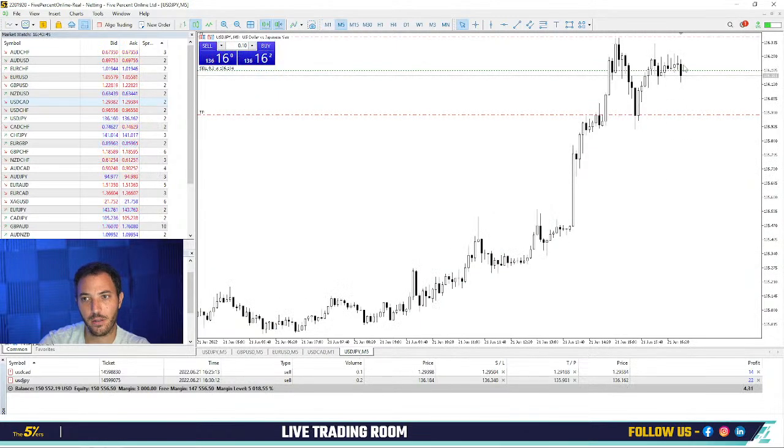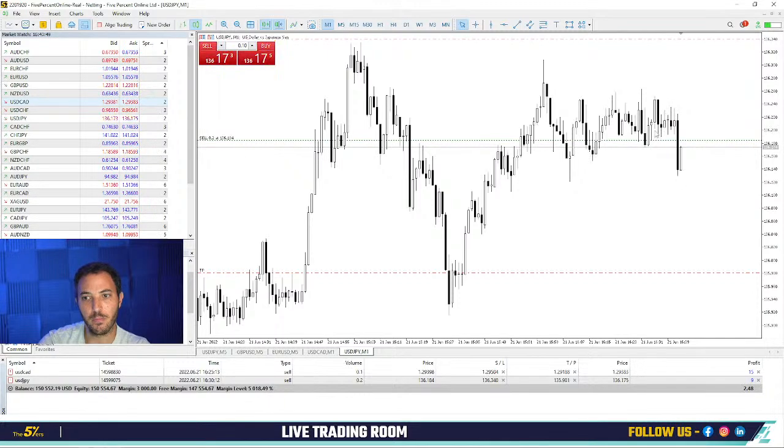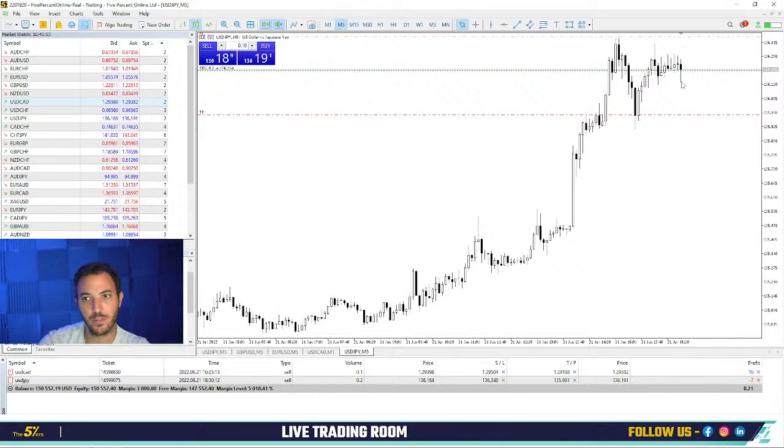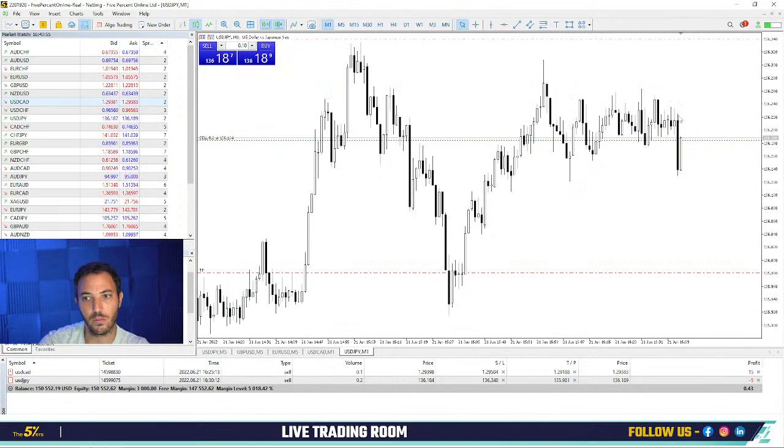And our trade, let's see if we can finally have the movement I'm looking for. Okay, there's that attempt. Now I need a hold. No rejection.